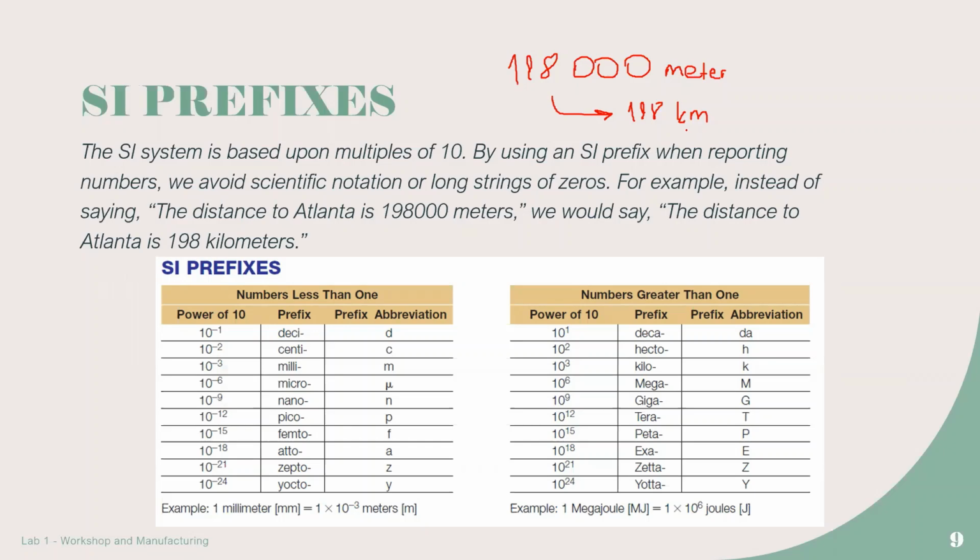Okay, so this kilo here is a prefix. So how did I convert that? I can write this like this too, right? Times 10 to the 3 meter. And here 10 to the 3 is, as you see, kilo. So I can also write it as 198 kilometer. Okay, prefixes are important because it eases our life.